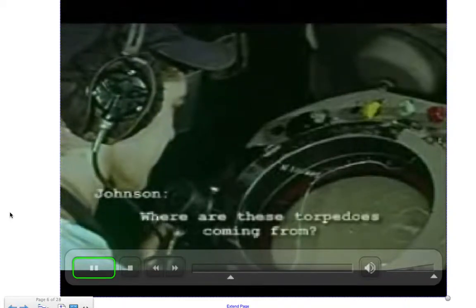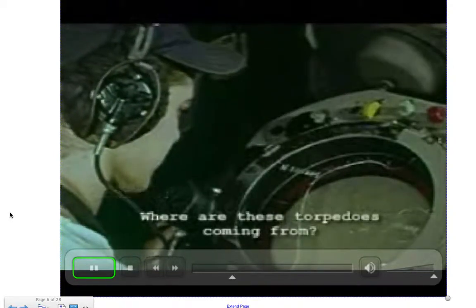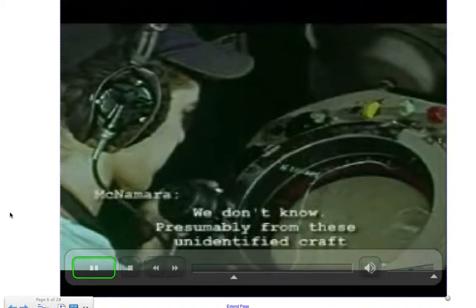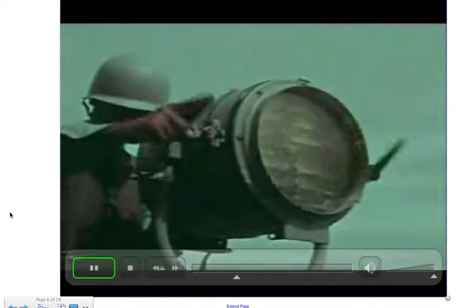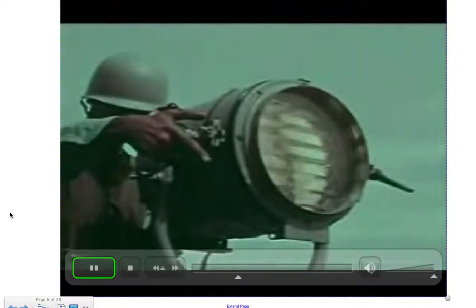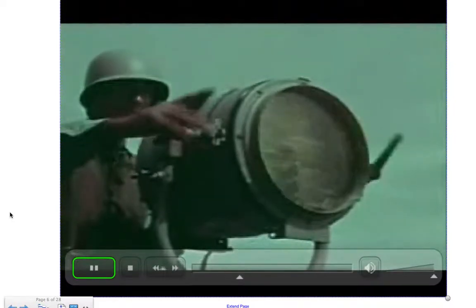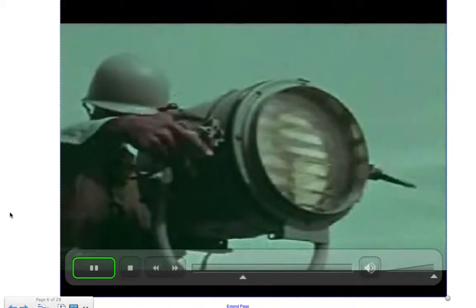Two days later, the Maddox and the Turner Joy, two destroyers, reported they were attacked. Where are these torpedoes coming from? Well, we don't know. Presumably from these unidentified craft. There were sonar soundings, torpedoes had been detected, other indications of attack from patrol boats. We spent about 10 hours that day trying to find out what in the hell had happened.